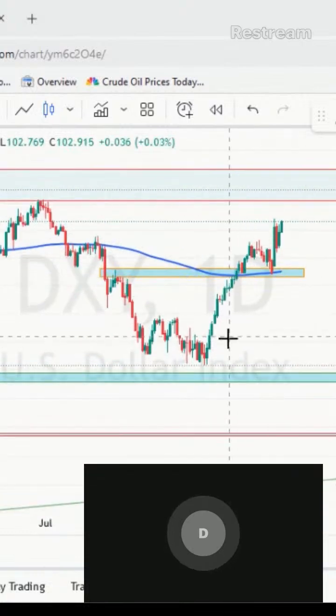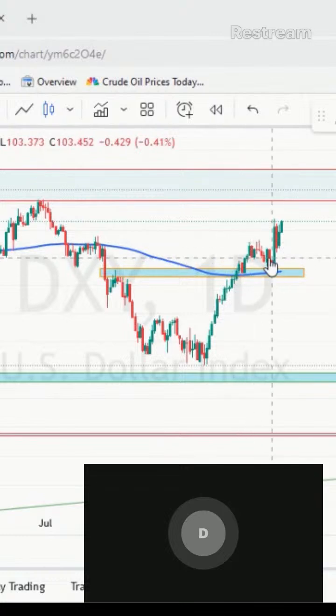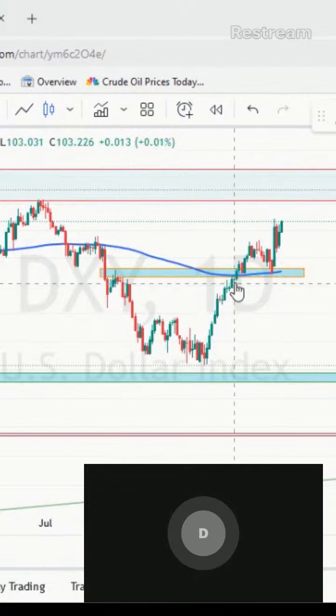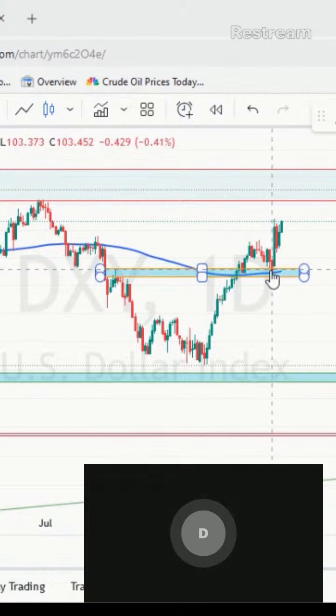On the daily time frame, where we are currently at 103.550 on November 6, 2024, you can see that the price broke this resistance, retested it and used the place as support, in confluence with the 200 EMA.